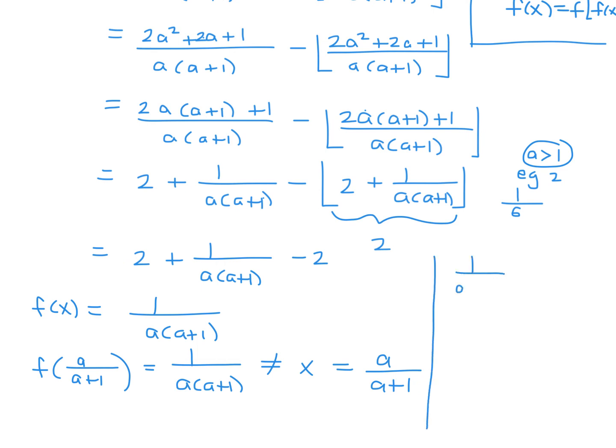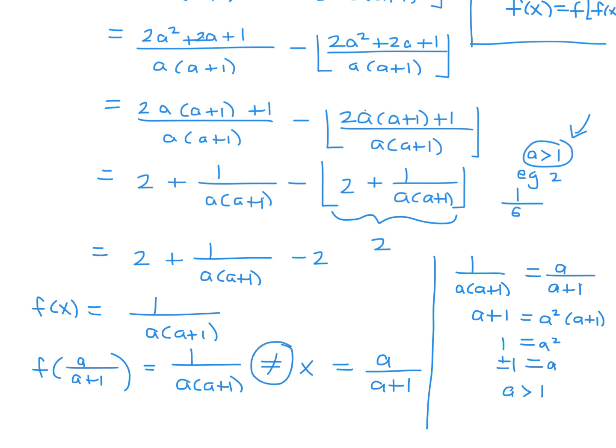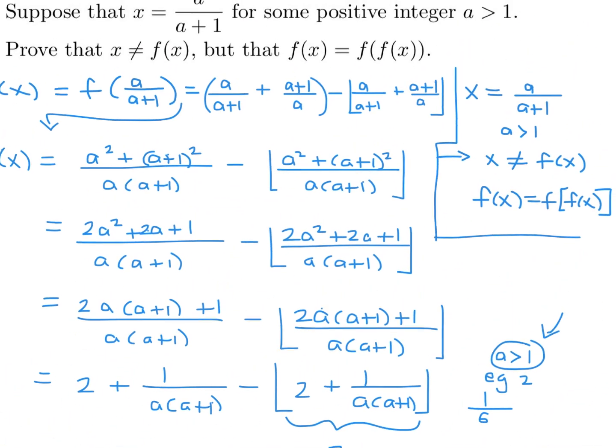If 1 over a times a plus 1 is indeed equal to a over a plus 1, if you cross multiply, you'd get a plus 1 is equal to a squared times a plus 1. If you cancel the a plus 1s from both sides, you just get 1 is equal to a squared, and therefore a is equal to plus or minus 1. But that's not possible, because our condition was that a has to be greater than 1. So therefore, we have proven that f at x does not equal x, because this is essentially f at x. So that takes care of the first part right here.